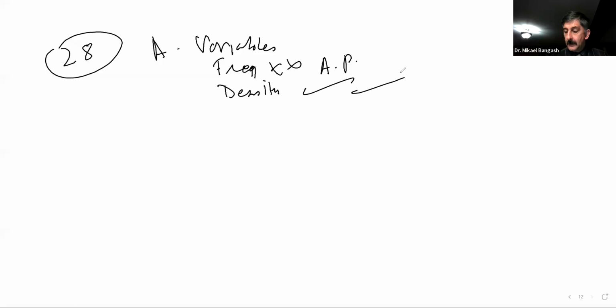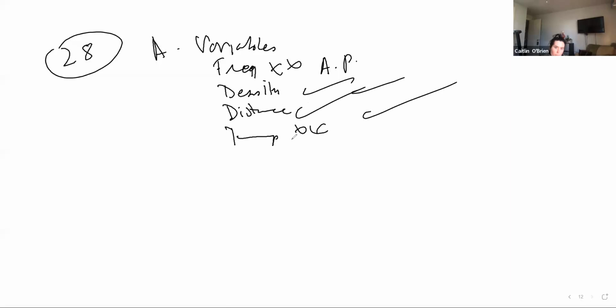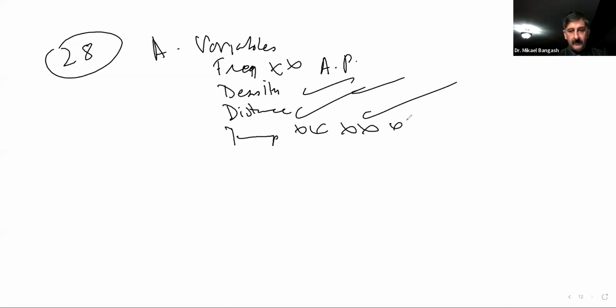Clear? Okay. Particle motion. Maybe a little weird, but what they meant here was distance of particle motion. So of course, that's a variable as well. Temperature. No, it is not an acoustic variable. As a matter of fact, it's not an acoustic parameter either.